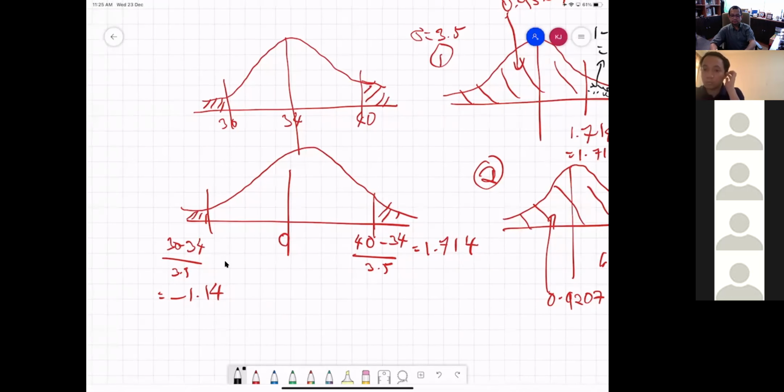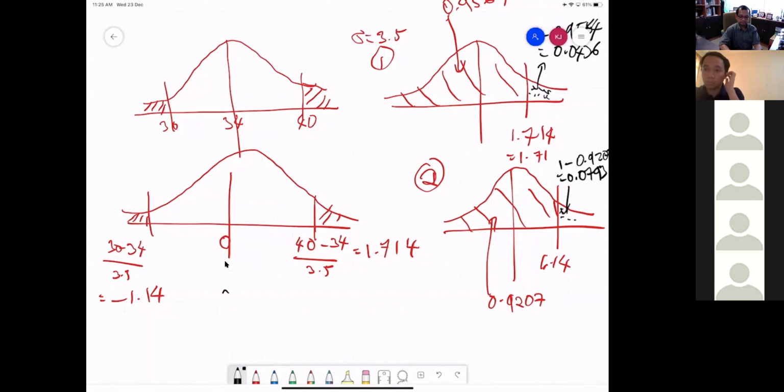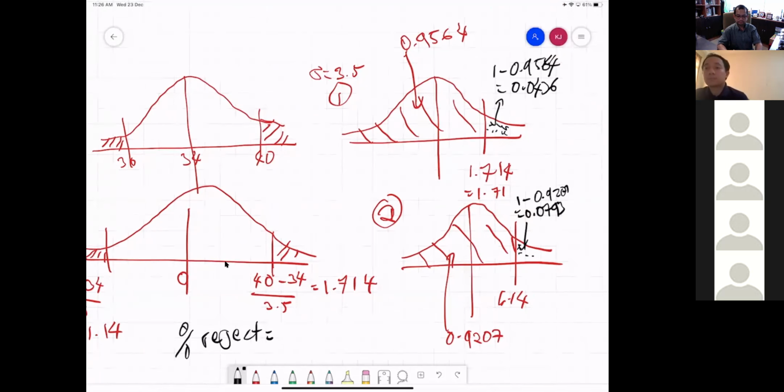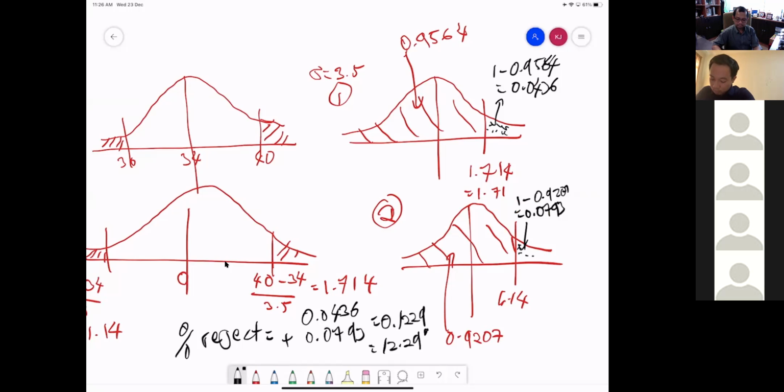So the reject, we want to know the percentage of reject. Probability of reject is 12.29%.